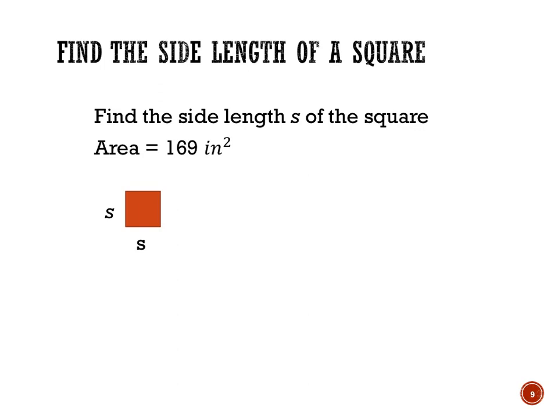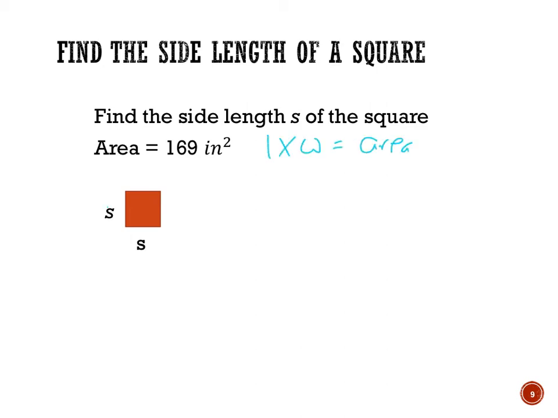Find the side length of a square. The area is 169 inches squared, so we know for area it's length times width equals area.